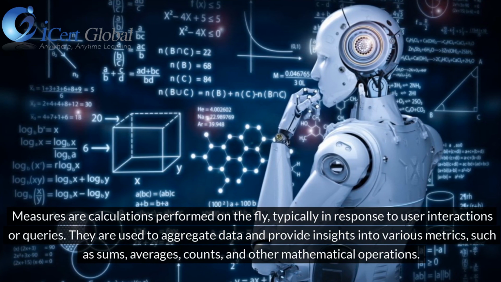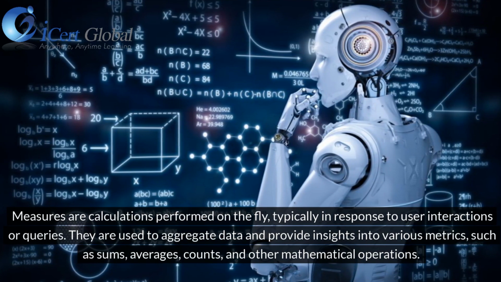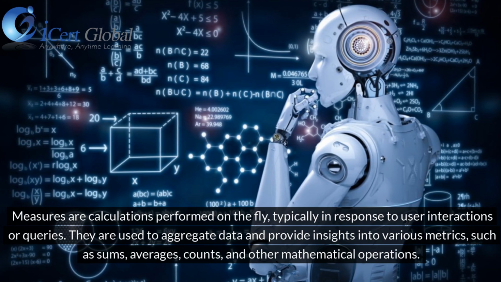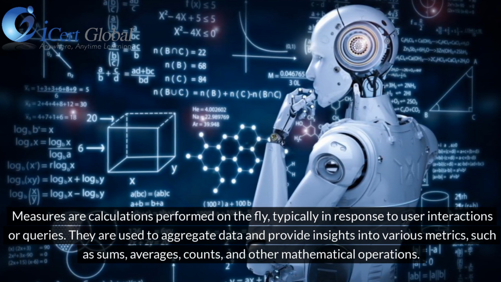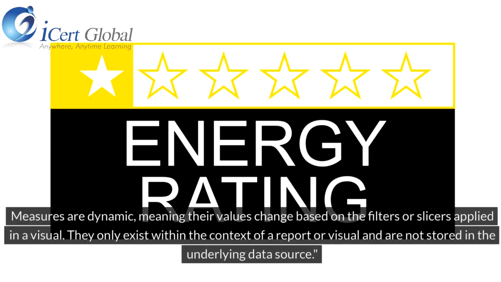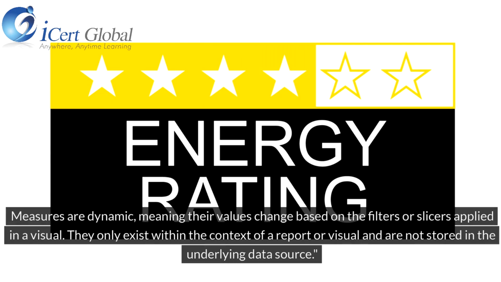They are used to aggregate data and provide insights into various metrics, such as sums, averages, counts, and other mathematical operations. Measures are dynamic, meaning their values change based on the filters or slicers applied in a visual. They only exist within the context of a report or visual and are not stored in the underlying data source.